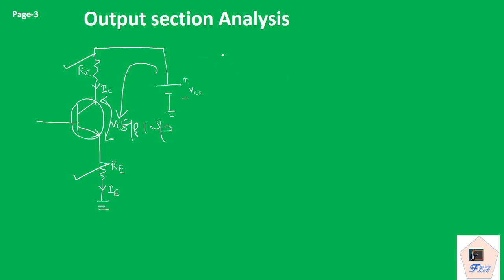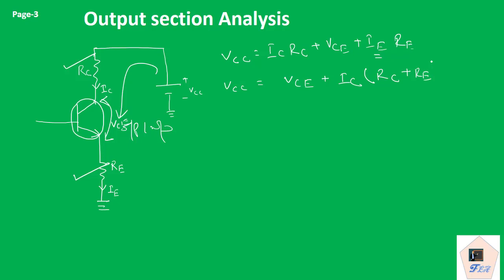So you can write, by applying KVL, VCC equal to ICRC plus VCE plus IERE. But IE we have already considered, it is same as IC, so we can write VCC equal to VCE plus IC into RC plus RE.